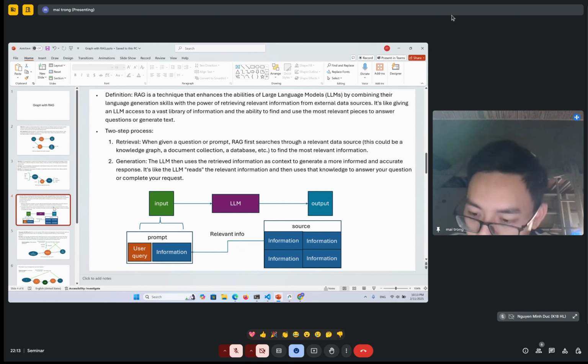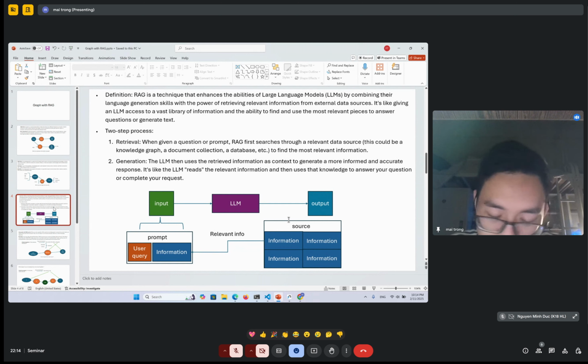Well, they have the source, right? Maybe in table type, maybe in non-structured type, and they may use some natural language processing technique to compare text together, like embedding, word embedding, or lexical, like Levenshtein distance.